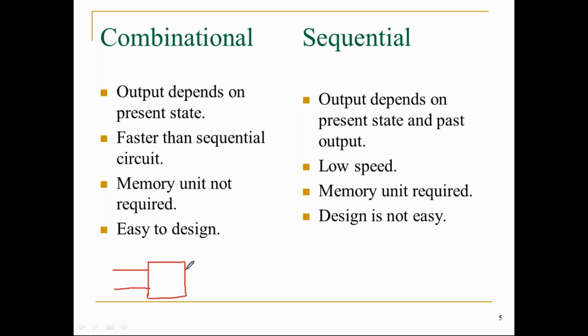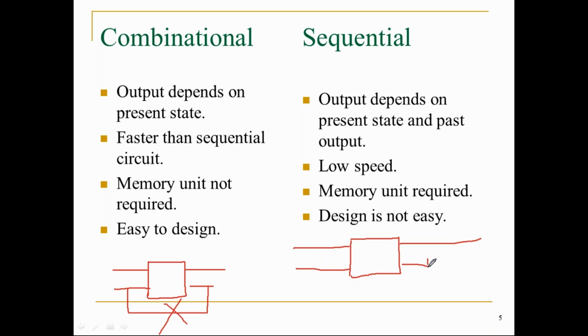For a combinational circuit, you have to draw like this and mark it like this. That means there is no need for feedback. For a sequential circuit, it is the same, but in the output you have to mention the feedback at least like this, otherwise you might lose 1 mark out of 2 marks.